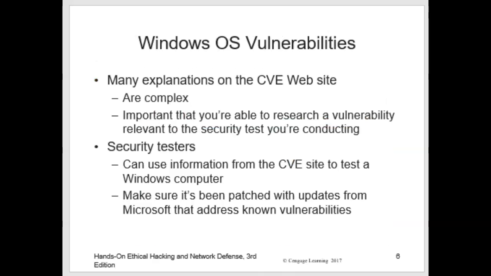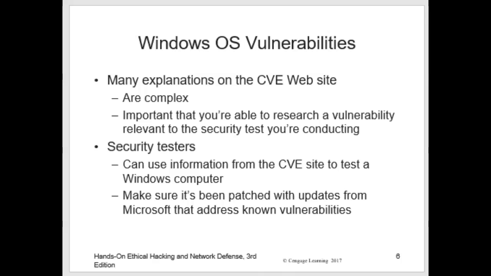Now back to Windows OS vulnerabilities. So that was where we can find a background on a lot of these public vulnerabilities. It's great information. And as a pen tester, you will have to do your own research because it's a continually changing environment. Those are some of the places where you can find that. And you can focus in on operating systems if that is your focus. That is the focus of this chapter.